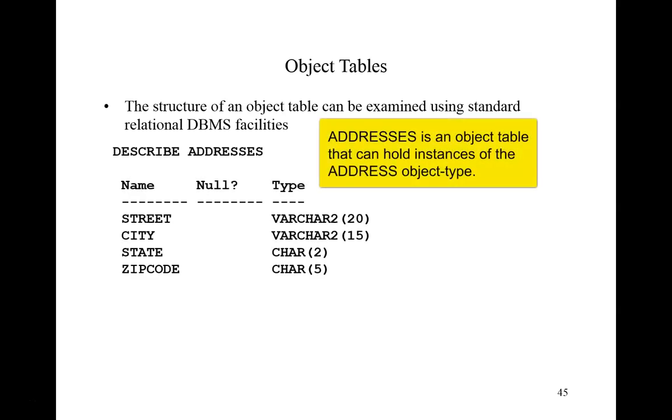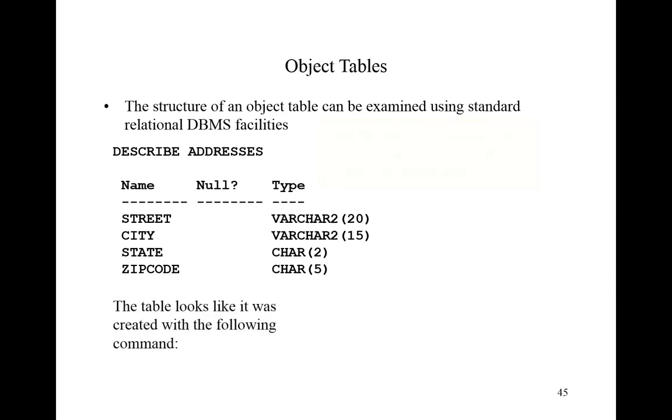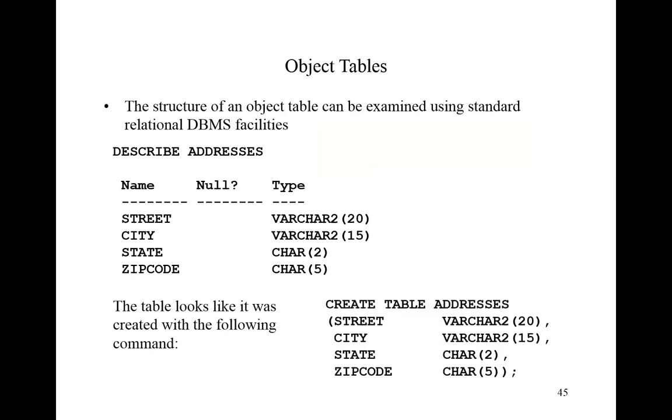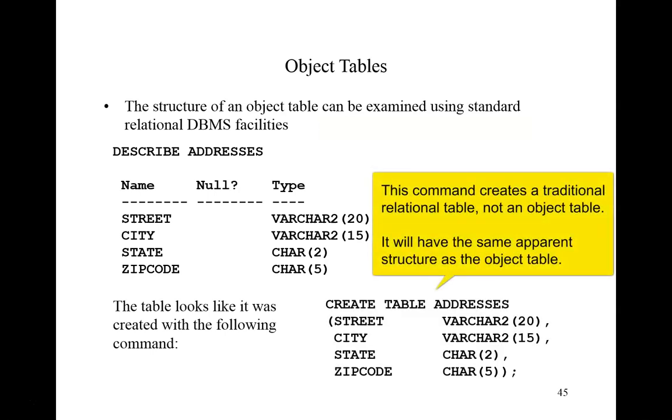The structure of an object table can be examined using standard relational database facilities. The SQL Plus describe command can be used to describe addresses, which is a typed table or object table. Each row represents an instance of the object type. Looking at this description, it looks just like the table had been created with this create table statement, which would make it a traditional relational table, not an object table.